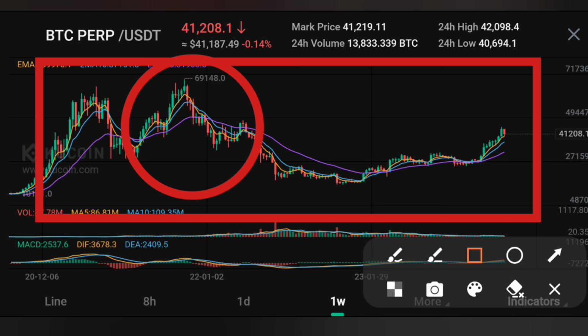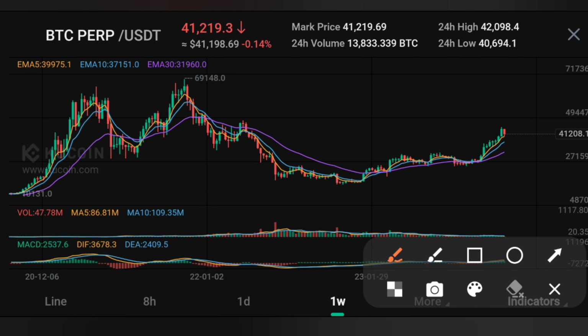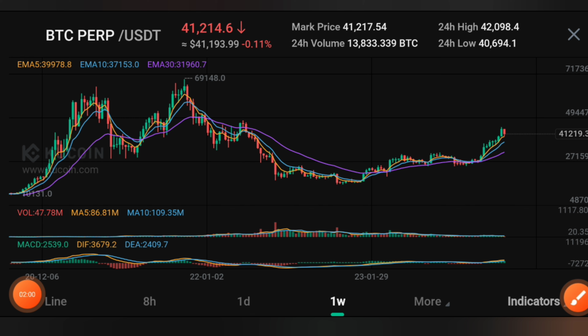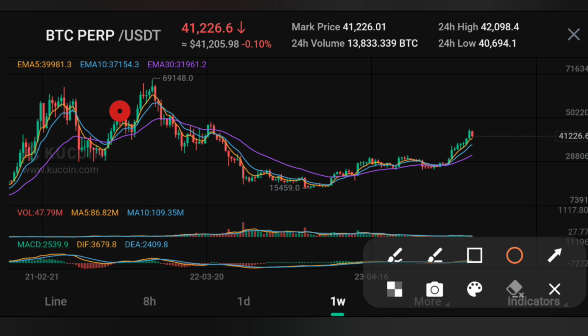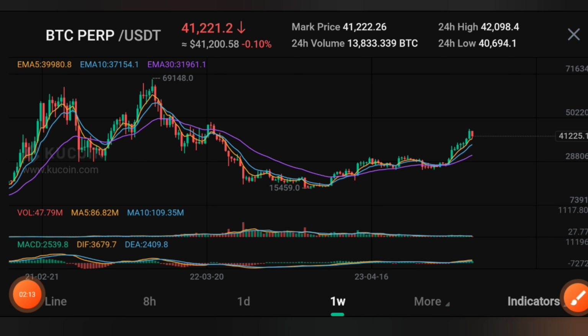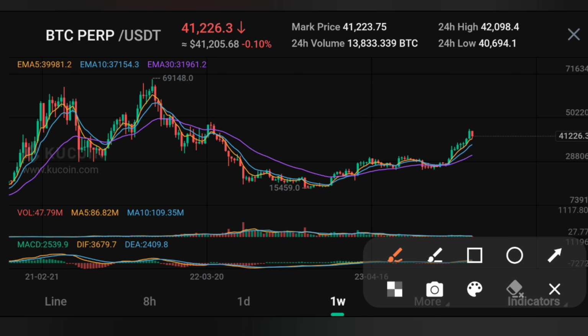The only difference I would say is this part is being higher than this part. I don't know if you can see it. I really want you to pause and focus. You see these head and shoulder patterns, right?